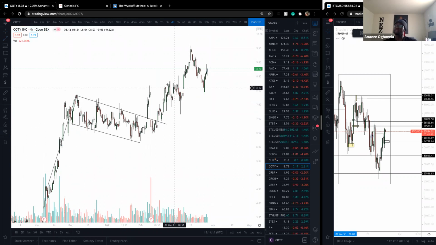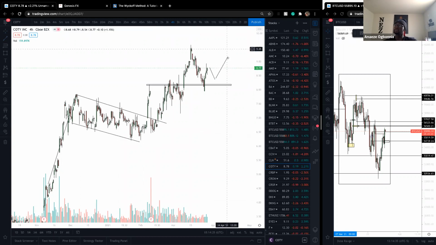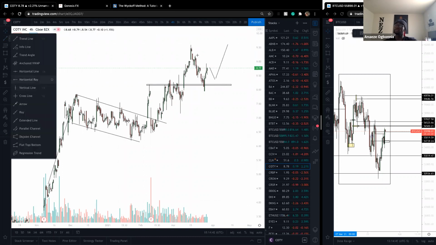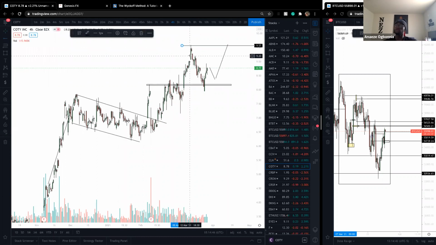Now we just have a simple price retest, and we might want to see price come down right there and take it back to 950. Simple markup, nothing too crazy.